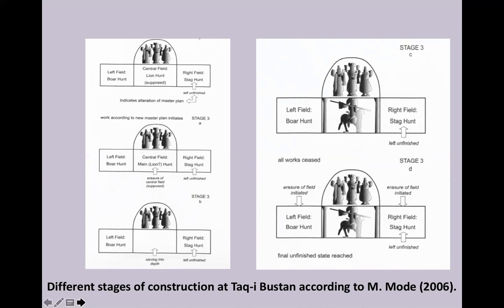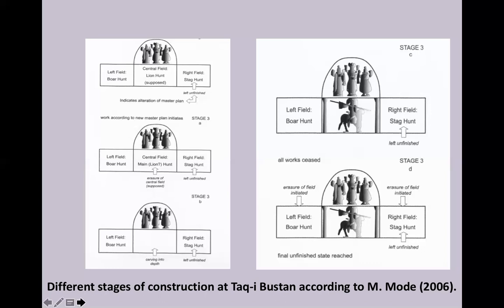But he proposed that in the very beginning, when Taq-i Bustan was probably prepared by Bustan, we had inside the grotto, at the low level, not two hunting scenes, but three. And one hunting scene was just on the back of the grotto. And it was framed like the lateral ones.